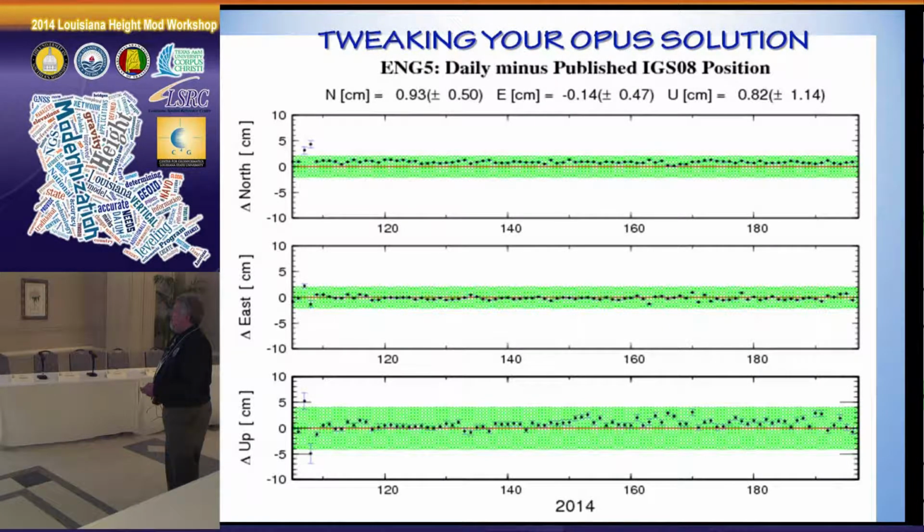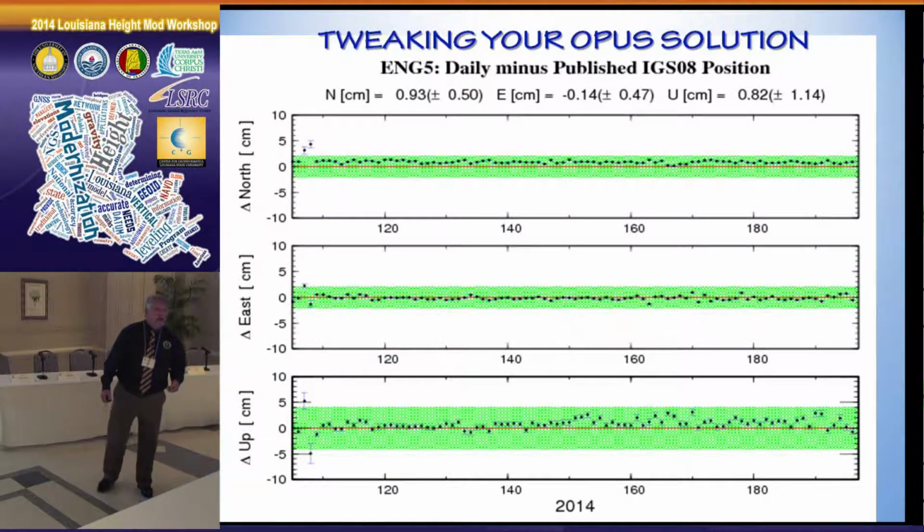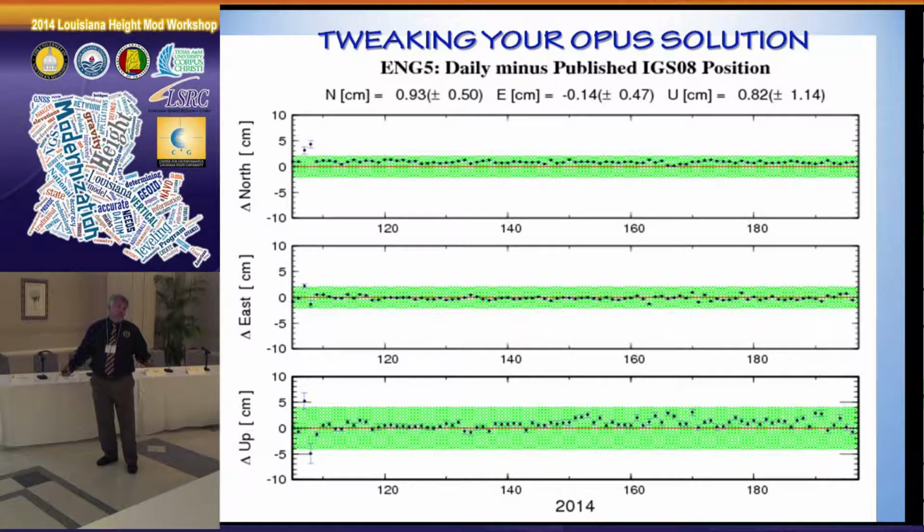You could go up here and say, oh, here's the published value, and on this particular day, this station was 3.5 centimeters higher than that. So you could actually adjust that baseline, if you were to process it, by 3.5 centimeters for the ellipsoid height. This is just another tool to tweak your solution. Obviously, we're not going to do that for every point, but it's something that could be built into a real-time network.